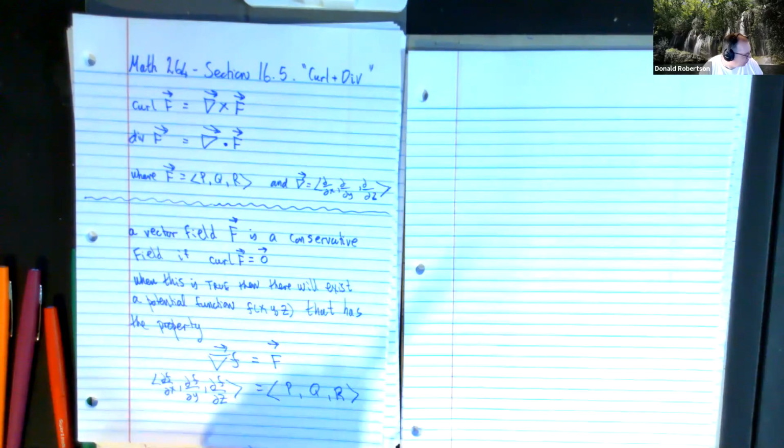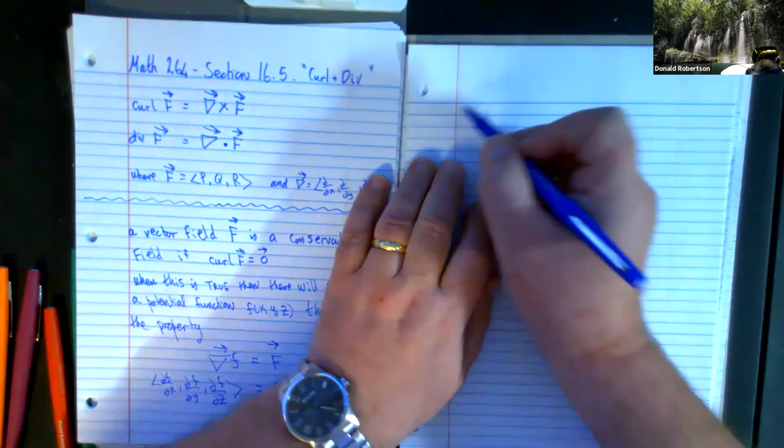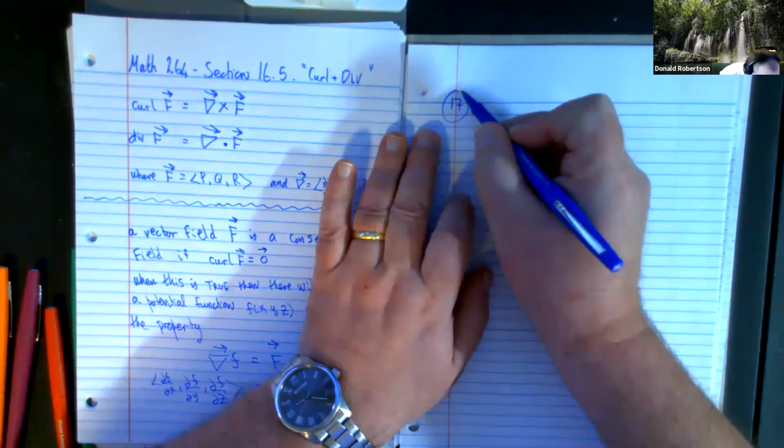Okay, let's do a curl and div of somebody that doesn't make me growl. Ooh, that's a cool one. Let's do this one. Our vector field is this ugly guy.